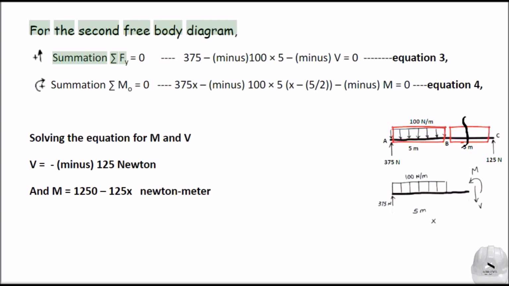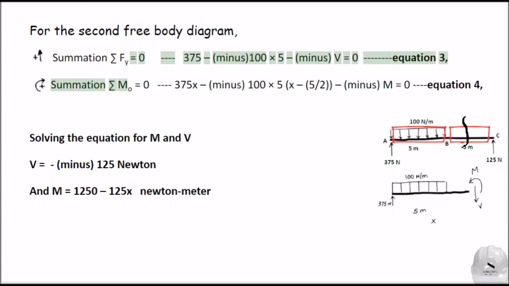For the second free body diagram, summation F Y equals 0: 375 minus 100 times 5 minus V equals 0, equation 3.